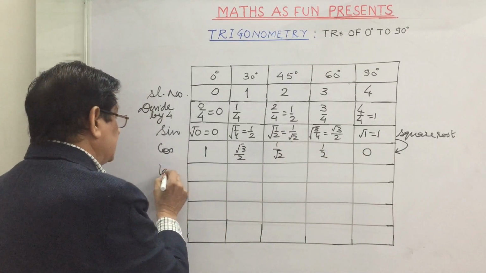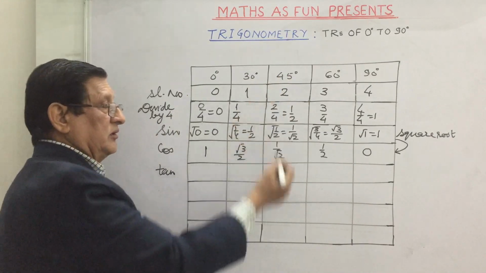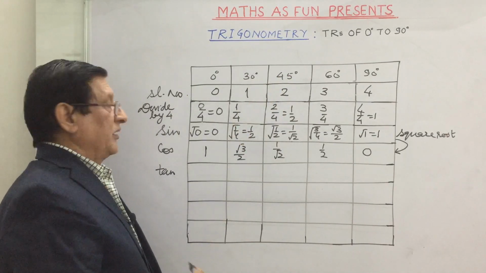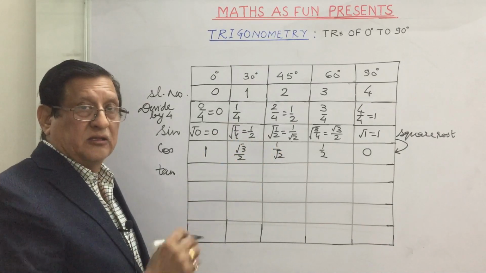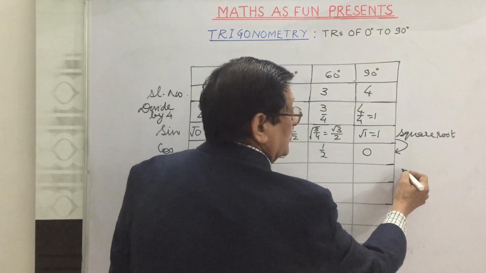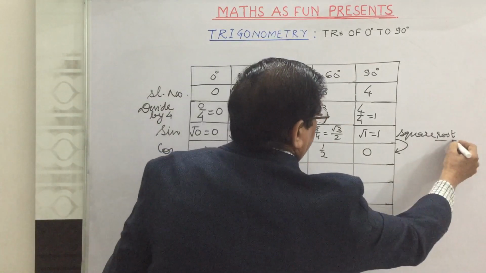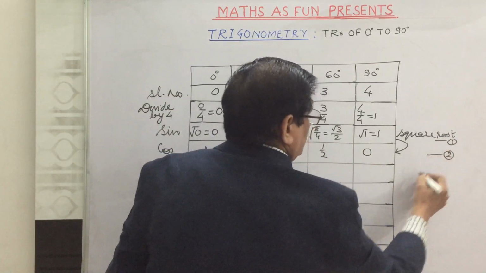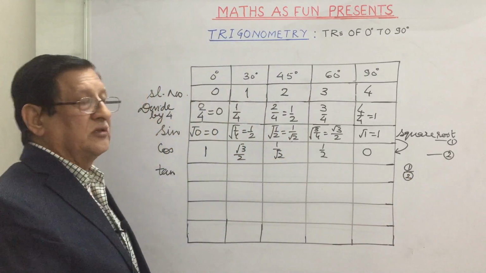When we find tangent of all these angles, then we divide the value of sine by cos. In the next video we will learn that tan theta is equal to sine theta upon cos theta. In that case, suppose I write this as 1 and this as 2. So we will divide 1 by 2 to get the value of tan.